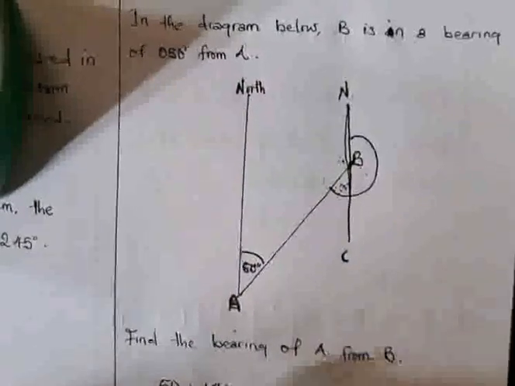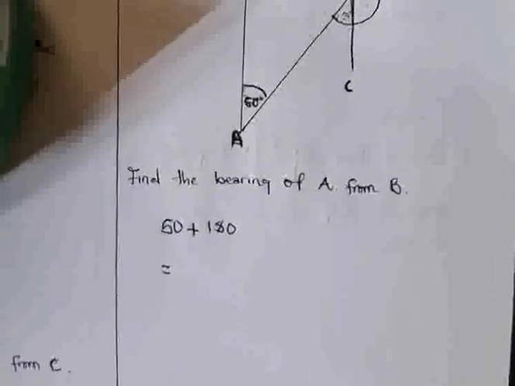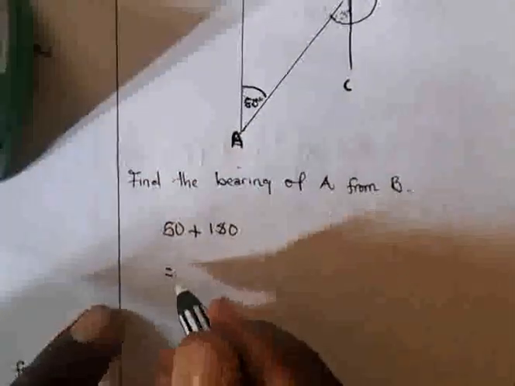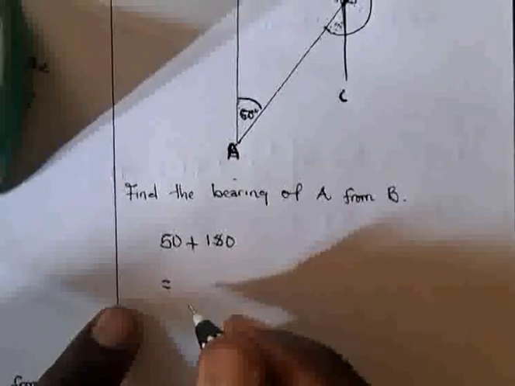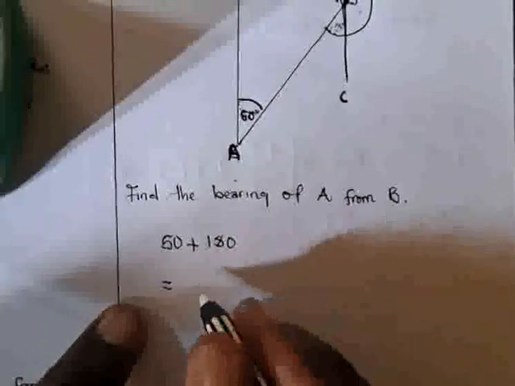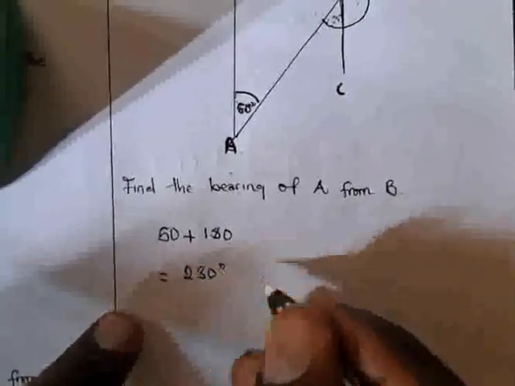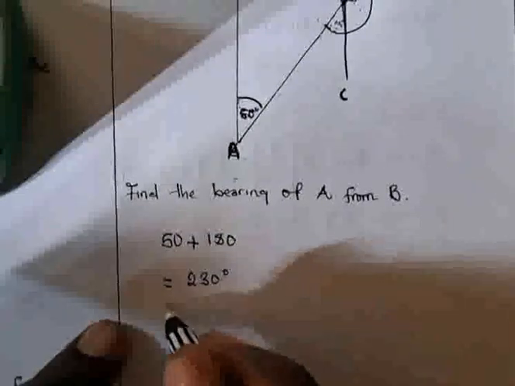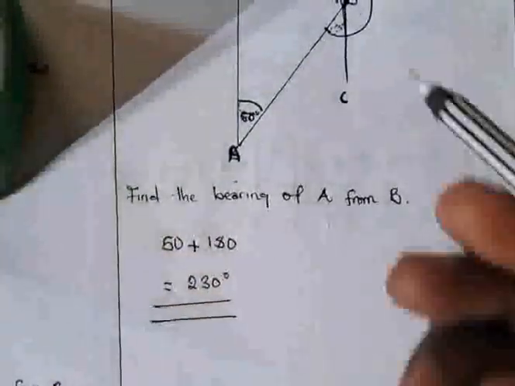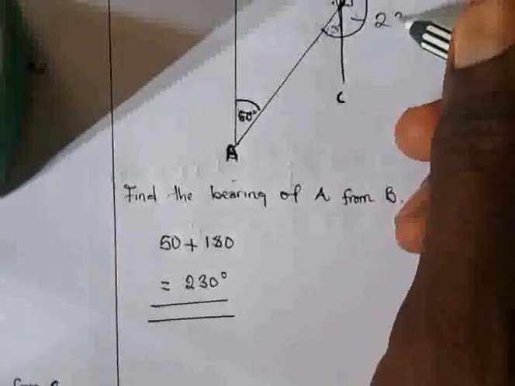So what is 50 plus 180? That should give me 230 degrees. So that's it. This part here is 230.